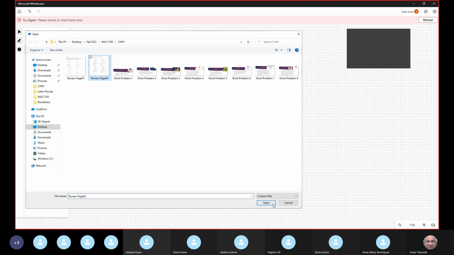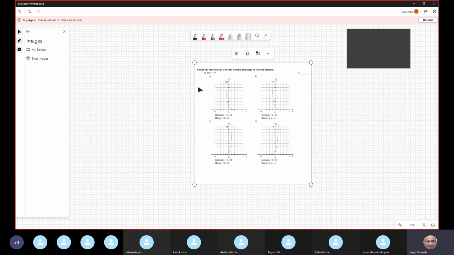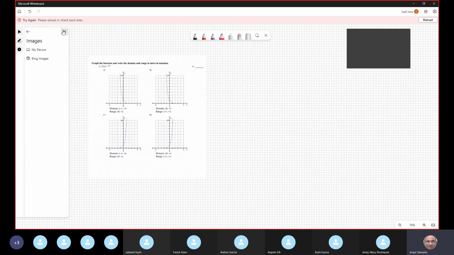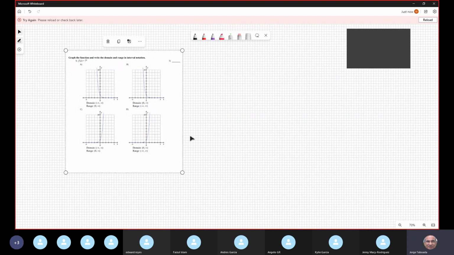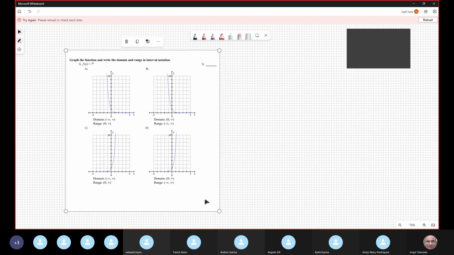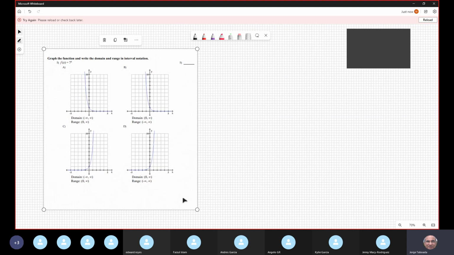Okay, this is giving a graph, and it's giving the function, and you need to match. The function given is exponential, right?